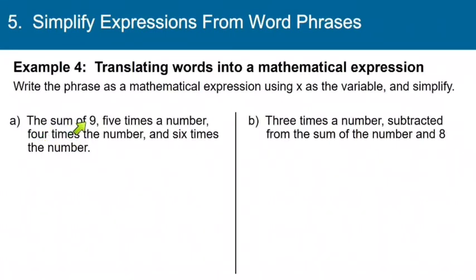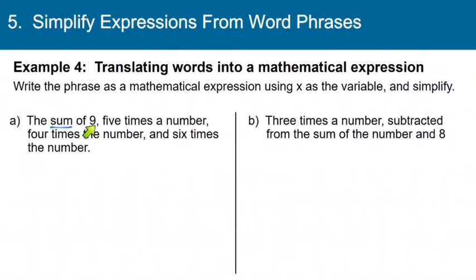It says the sum of 9, 5 times the number, 4 times the number, and 6 times the number. So there's only one unknown number here, and they've asked us to use x to represent the unknown number. So it says the sum of 9 and all these other things. Well, sum, of course, means that we add them together.